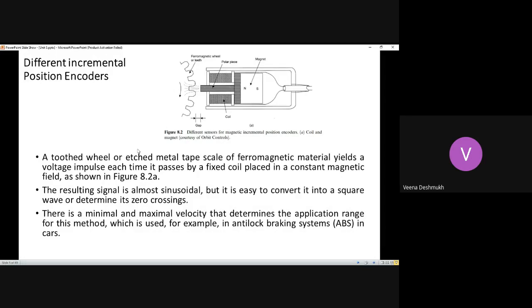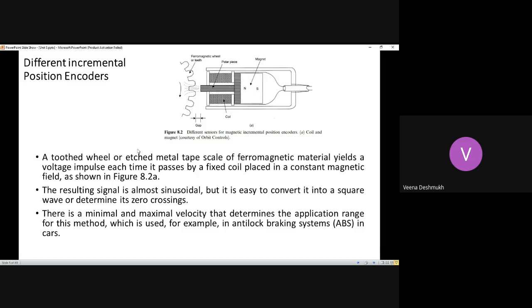So the next type you have is another type of position encoder, the magnetic type. In this you have optical encoders, magnetic encoders, electric encoders, or electromagnetic type encoders as well, which are influenced by the magneto-resistive type of basic sensor or that effect.